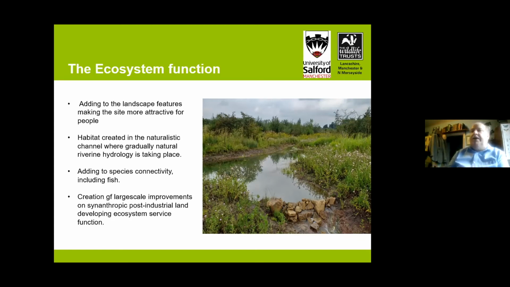And we've calculated that there's around about 1.2 million site visits to sites within Wigan by members of the public coming to enjoy that green landscape.